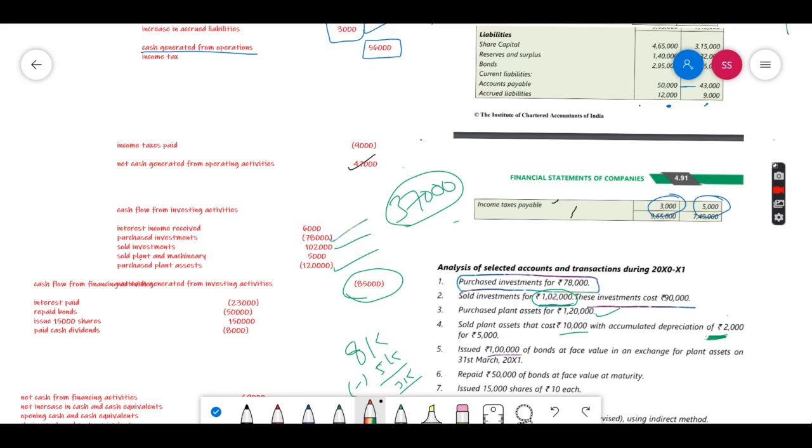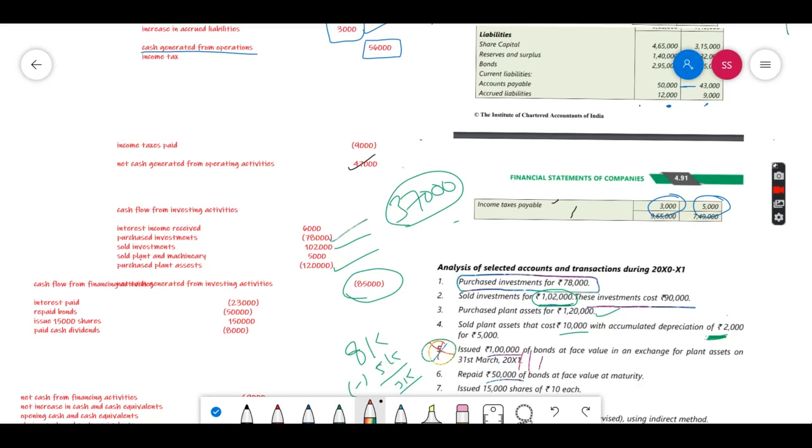Due to this transaction, we're not getting or paying any cash. If there is no cash inflow or outflow, it does not come under the cash flow statement. So we don't need to worry about this. Leave that. Now, sixth point, repaid 50,000 of bonds at face value at maturity. That means we have paid 50,000, so it's a financing activity and a cash outflow.